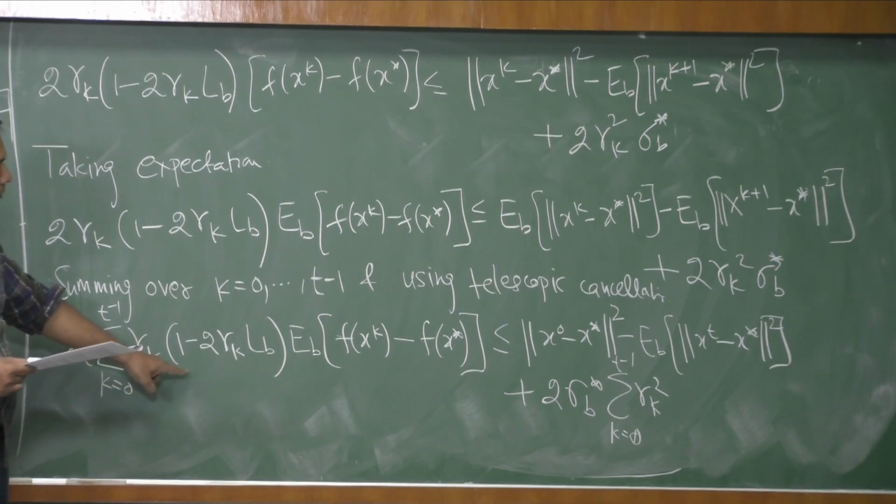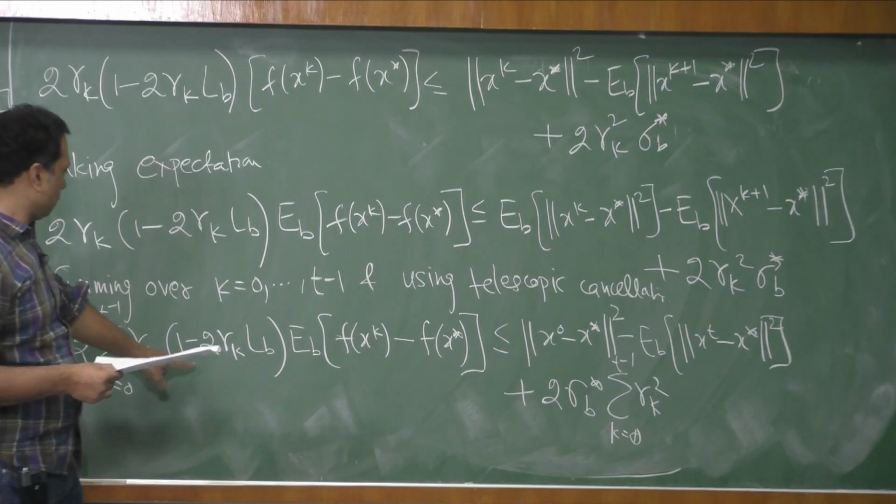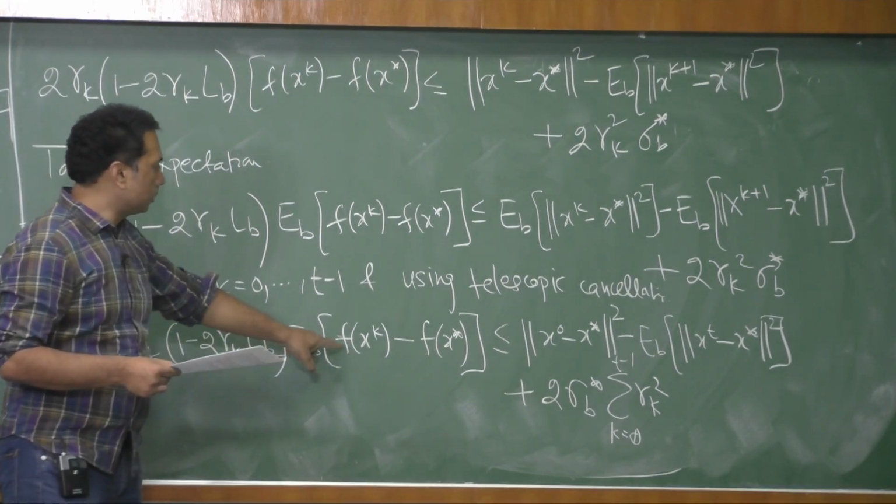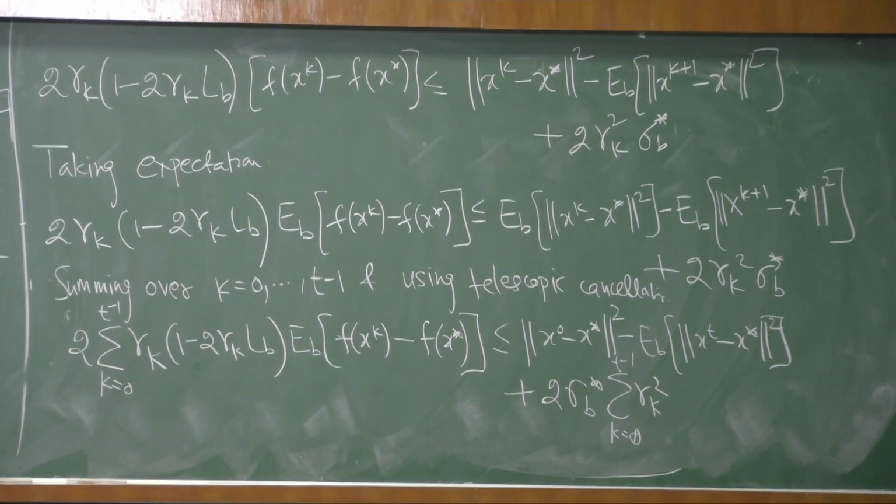Okay, this is a similar trick we have done before. We divide by this, we want to see this, and then we will use Jensen's inequality, if you recall. So just two lines now.